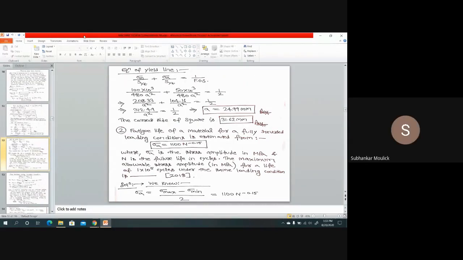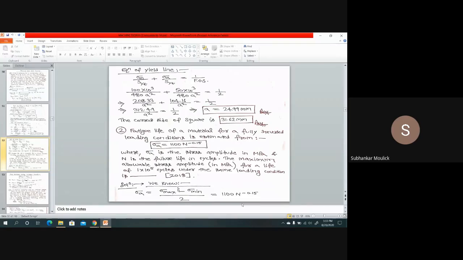Now, if you see the first line of the problem, it tells you the fatigue life of a material for a fully reversed loading condition. From this expression, you have to find the value of sigma max. That means you have to write sigma mean in terms of sigma max.